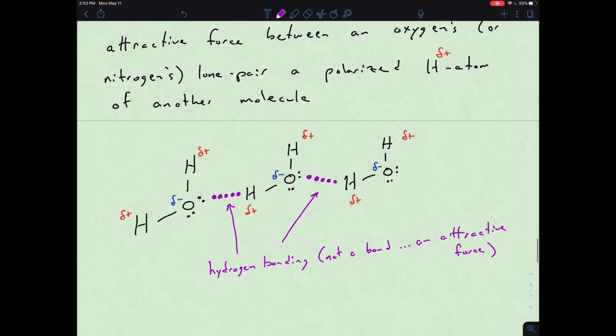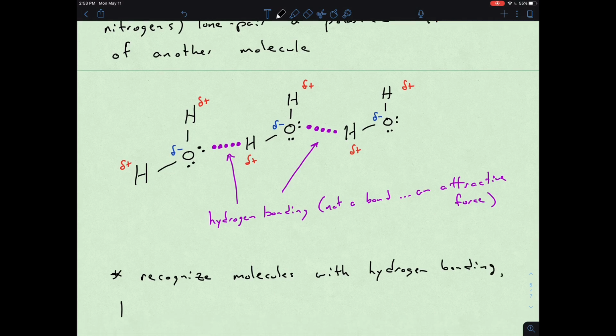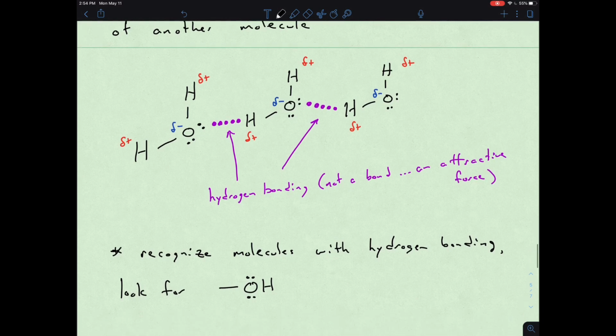So, to recognize molecules with this feature, you want to look for OH within a molecule or NH within a molecule.